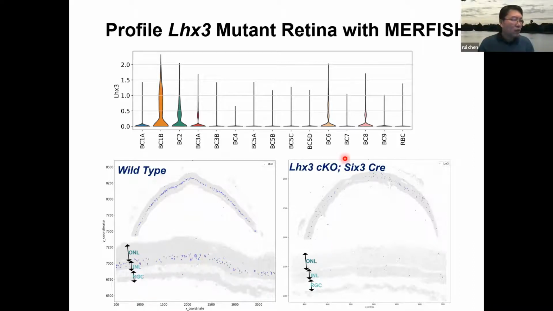And then in the knockout, it's a conditional knockout, and we can see the blue dots essentially are gone. There's a few dots there, probably partially because it's not a complete knockout. So maybe 95% are gone, but there's a few left.